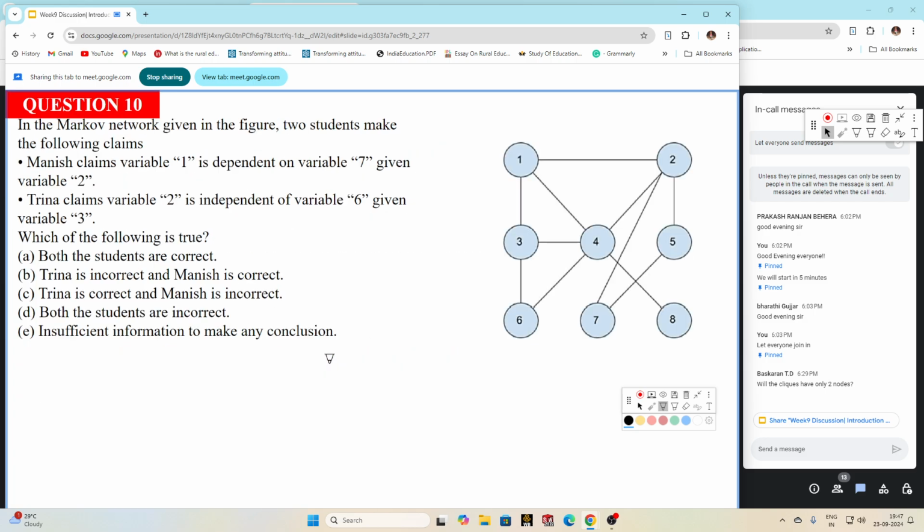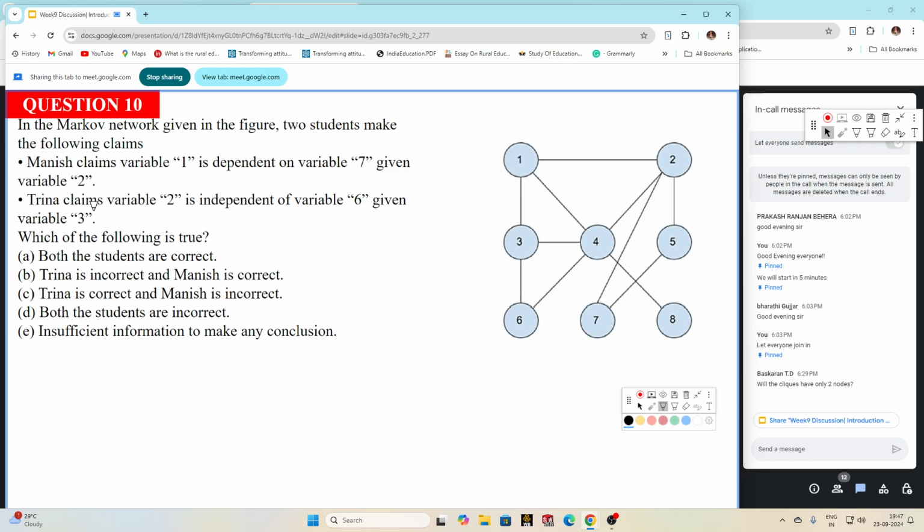Now we are on to our last question, question number 10. In the Markov network given in the figure, two students make the following claim. Manish claims variable 1 is dependent on variable 7 given 2.